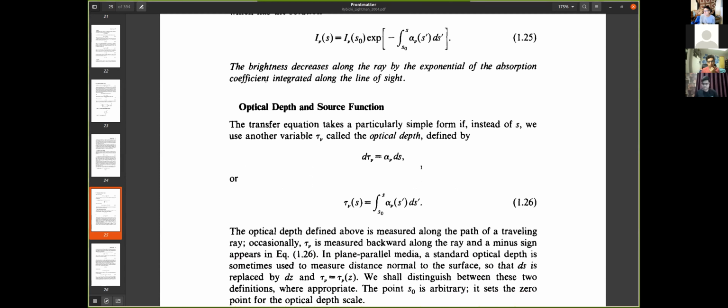Yeah. So as Professor defined, how this optical depth is related to the absorption coefficient: d tau nu equals alpha nu ds, and when you integrate over a certain path length, you get the optical depth of a certain path.